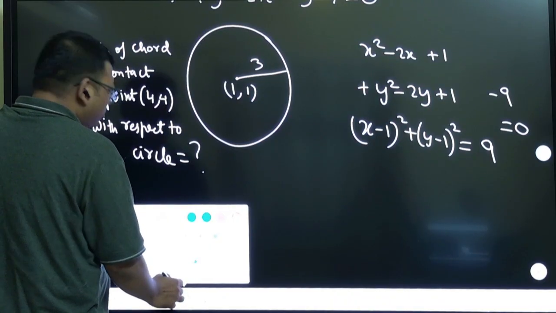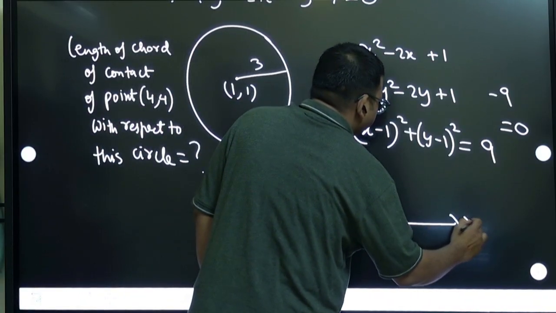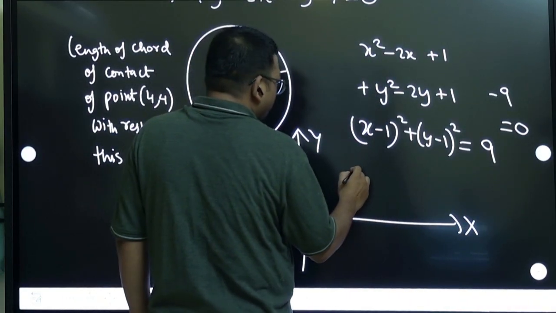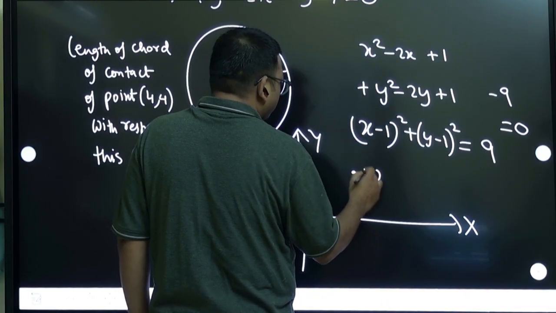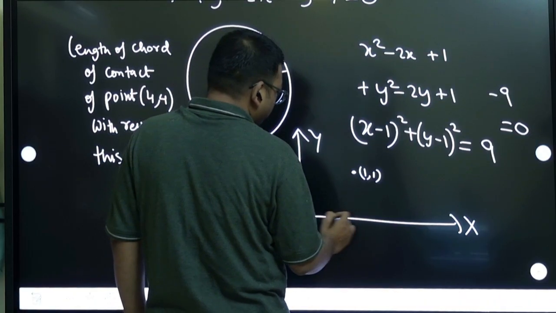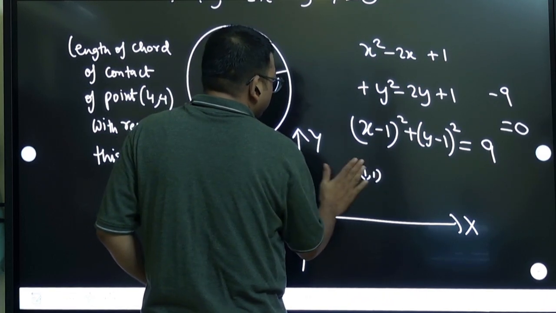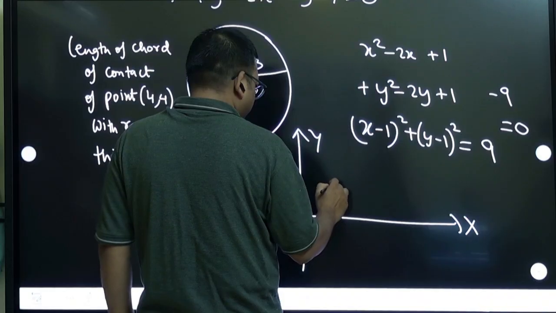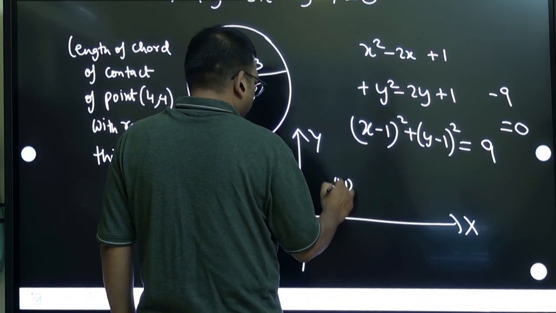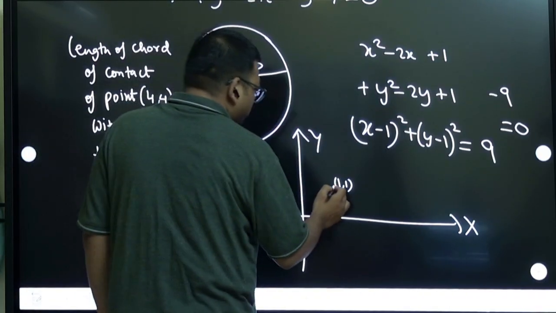Suppose you draw a rough diagram. Suppose this is the y and x coordinate axes. This is (1, 1), means here it is (1, 1). And if I draw this circle of radius 3, this is 1, 2, 3.